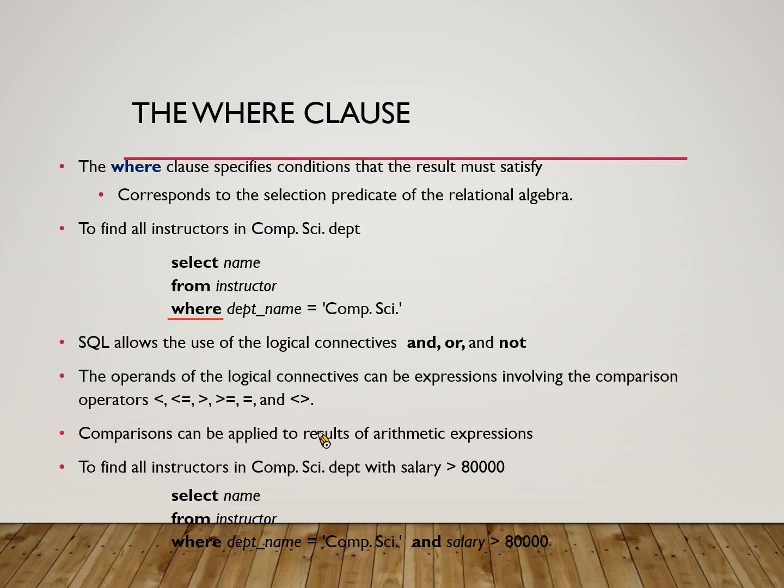Comparison can be applied to results of arithmetic expressions. For example, we can find all instructors in the computer science department with salaries more than 80,000. So here the where clause can be written with department name is equal to computer science and the salary is more than 80,000.